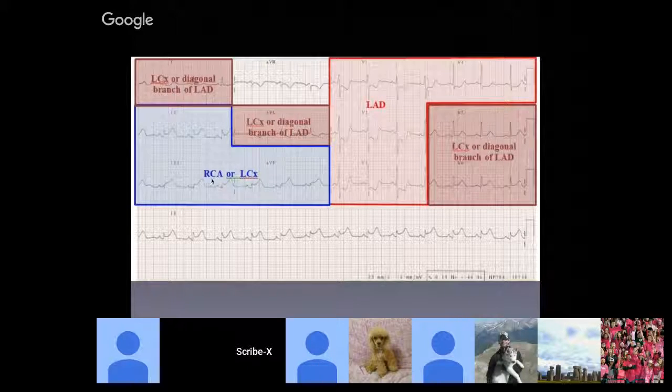So I'm worried about a right-sided heart attack. I'm going to confirm that diagnosis by looking over to the reciprocal leads, so the anterior leads, and I see ST depression here. So this is an emergency. Give this patient some aspirin. Go to the cath lab.